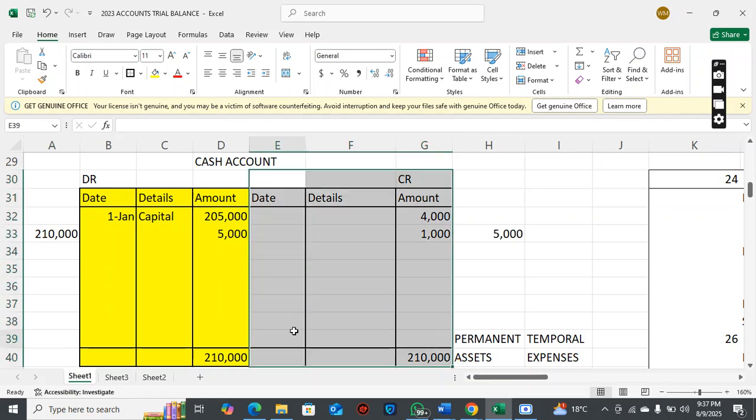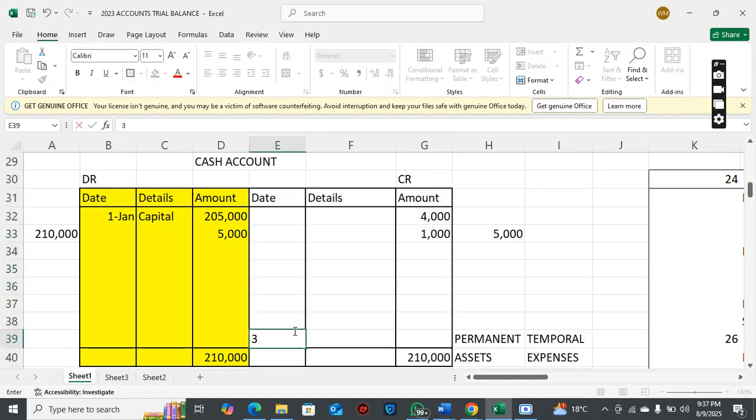Okay, so you're going to put 31st December at the end of the year. Okay, 31st December. You write balance carried down. In other books you see there's a column which has got an F which is written as folio.